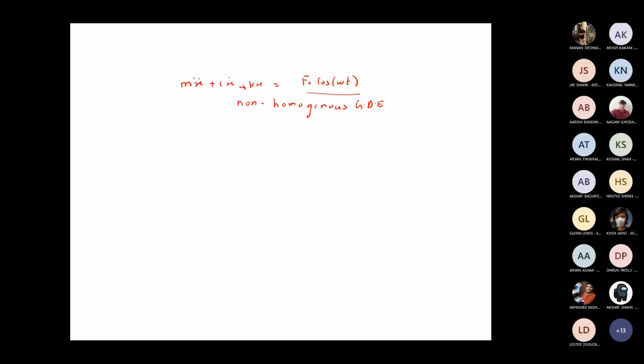And what is the homogeneous part of this equation? If I equate the LHS to 0, then this is the homogeneous part.